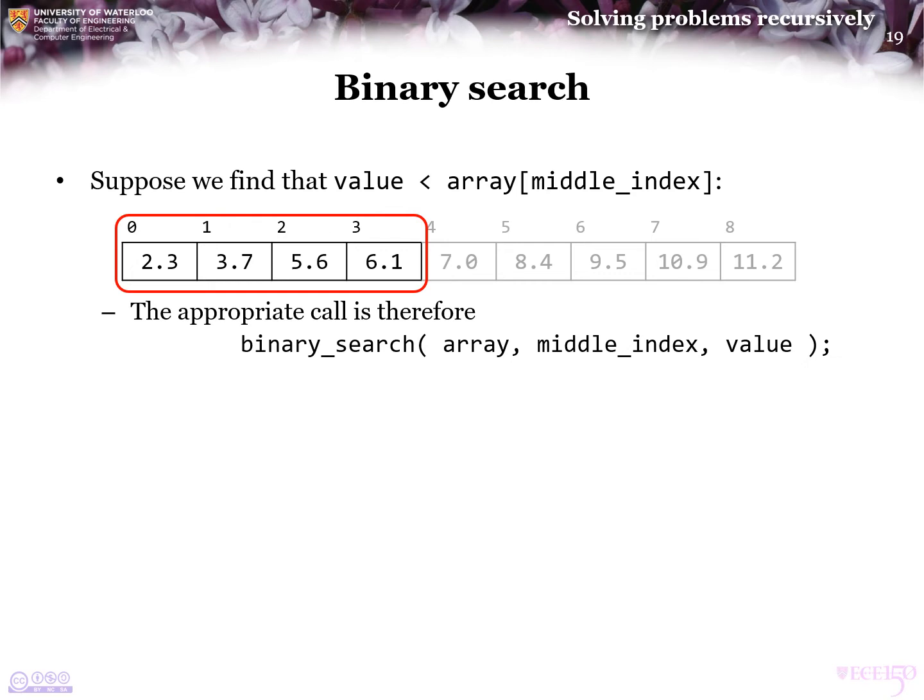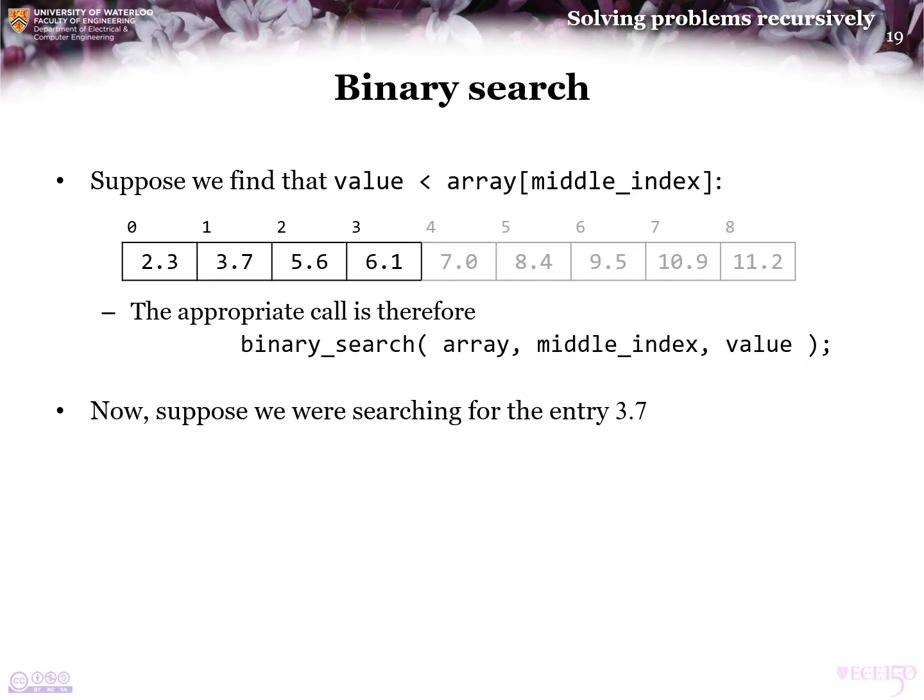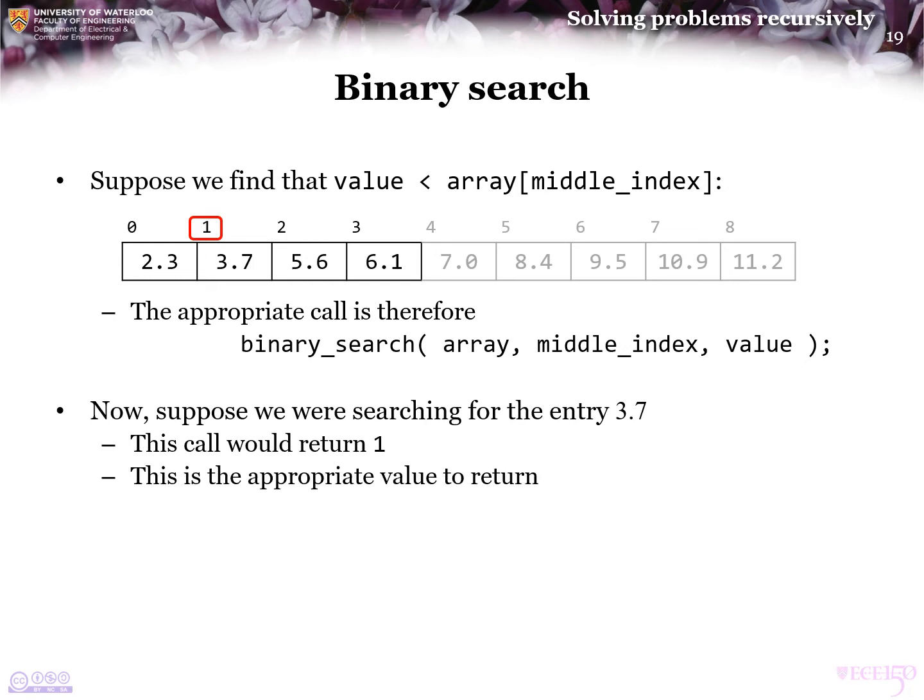All right, that's reasonable. So suppose we're searching for the entry 3.7. Now, the call that we see here is going to return the index 1 because that's where 3.7 is found. Well, that's okay because 3.7 is also at index 1 of the array of capacity 9. So that would in fact be the appropriate value to return.